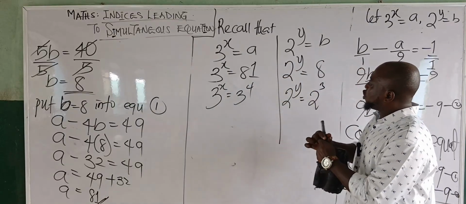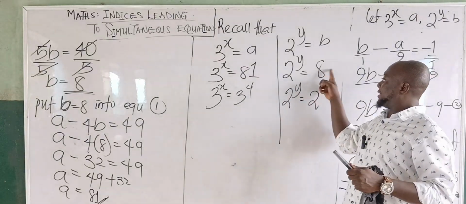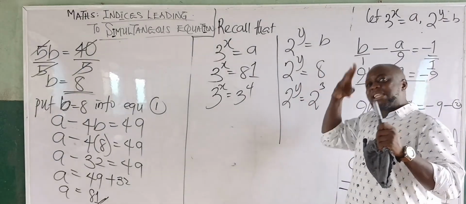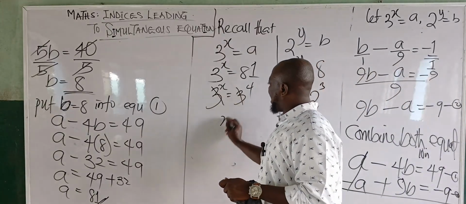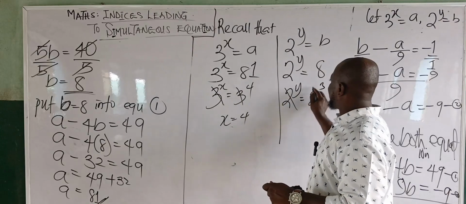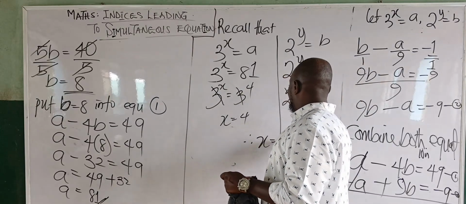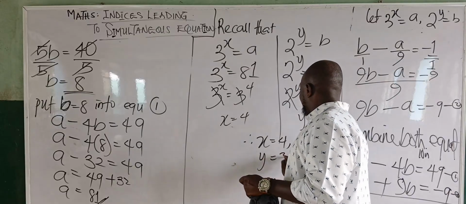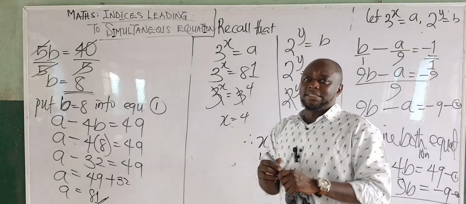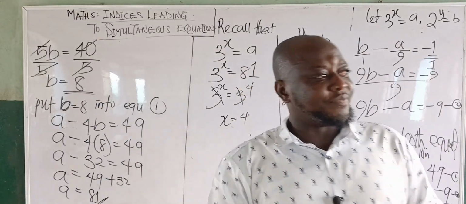That means how many 2s can you multiply in any number that will give you 8? So we can multiply 2 in 3 places to give you 8. From here now, x becomes 4, and y becomes 3. So therefore, the value of my x is 4, the value of my y is 3. This is how this is solved going further. Thank you.